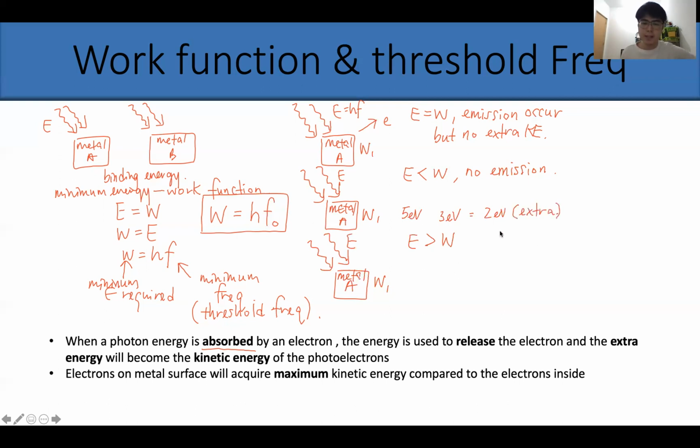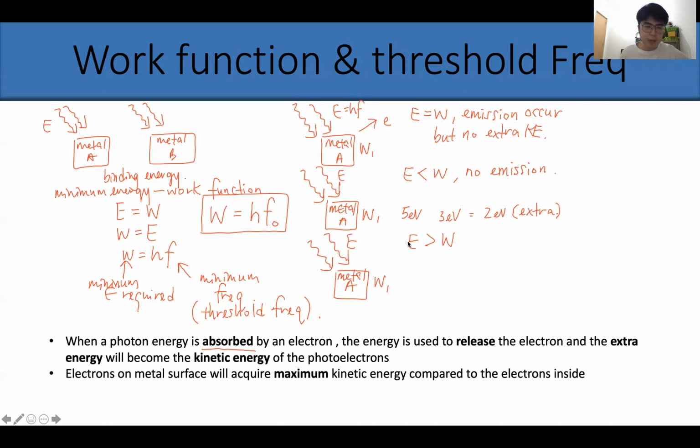So where does this extra go? The 3 is already used to release the electron, and the 2 electron volt extra will be the kinetic energy of the electron once it is emitted. So the electron that is released has kinetic energy of 2 electron volt. Electron volt is like the energy of an electron, so usually they use electron volt instead of joule.